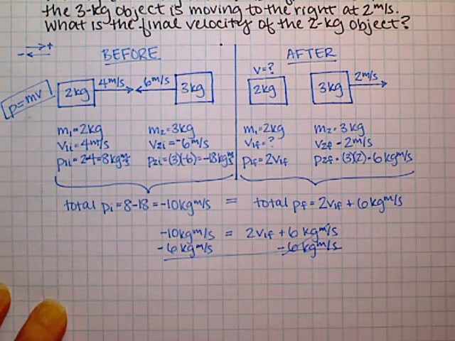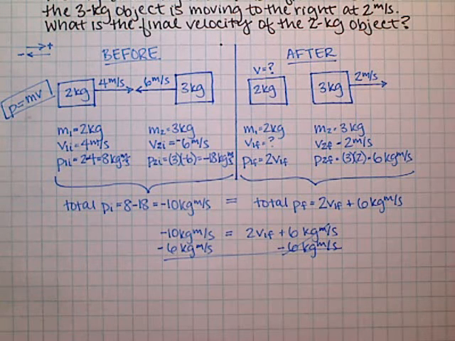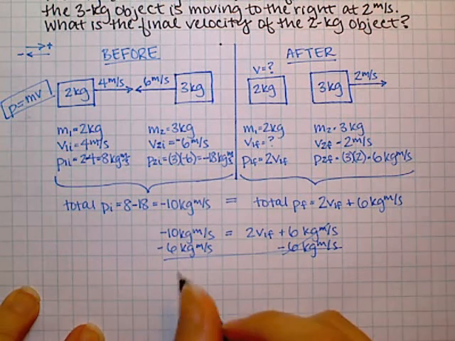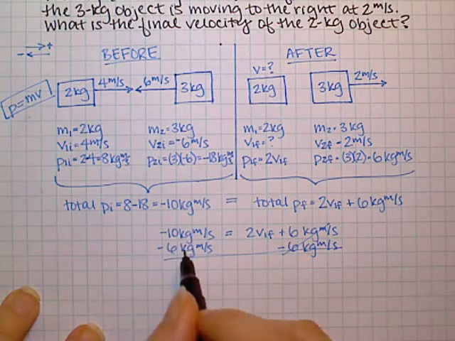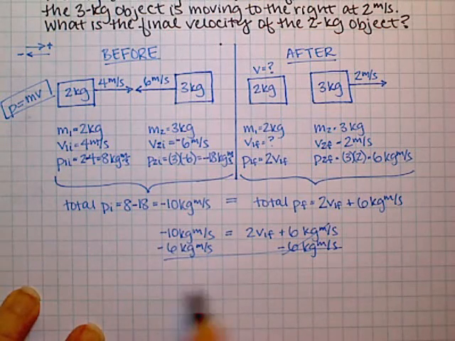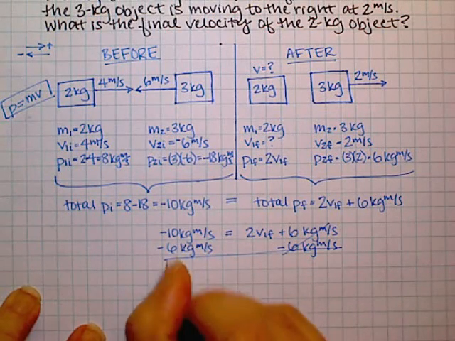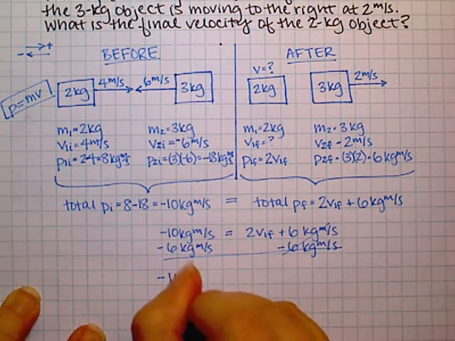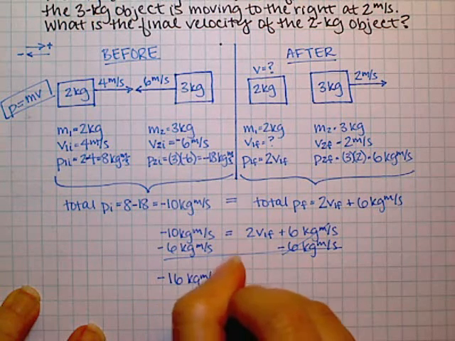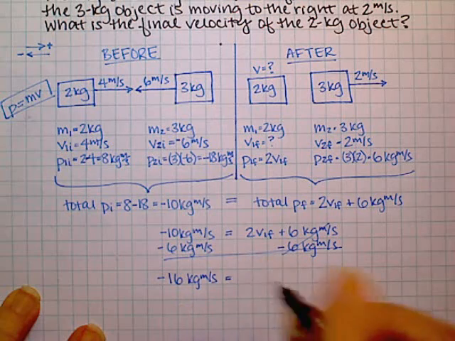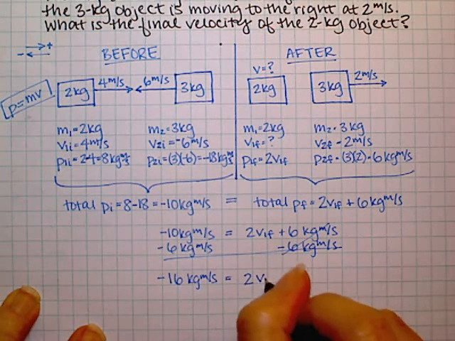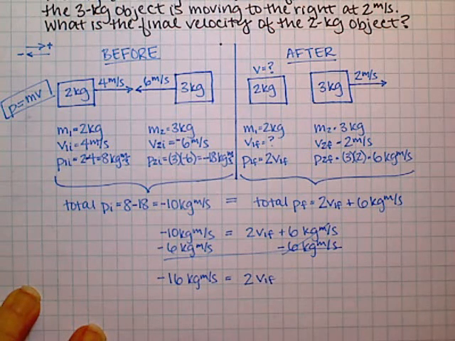And here's where we see the importance of keeping track of direction and making sure that anything in the negative direction is negative. It's a big difference taking negative 10 minus 6 versus positive 10 minus 6. So we really want to be careful about that. So negative 10 minus 6 gives me negative 16 kilogram meters per second over here, which is equal to 2 times the final velocity of my first object.